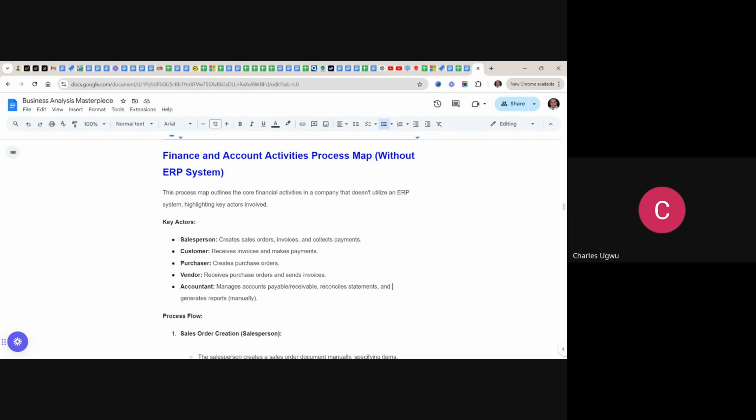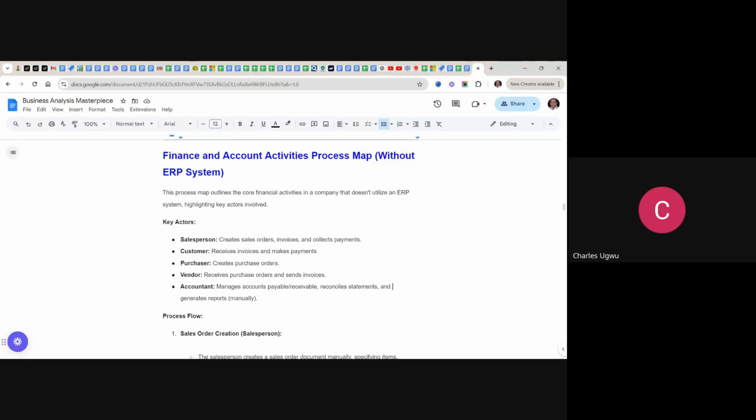Like you are now a business analyst, you want to help this organization to improve their finance activities within the finance department, optimize their activities. Finance department is not a place where things should be done manually, because manual activity within finance department is fraudulent activities, and that should be stopped.